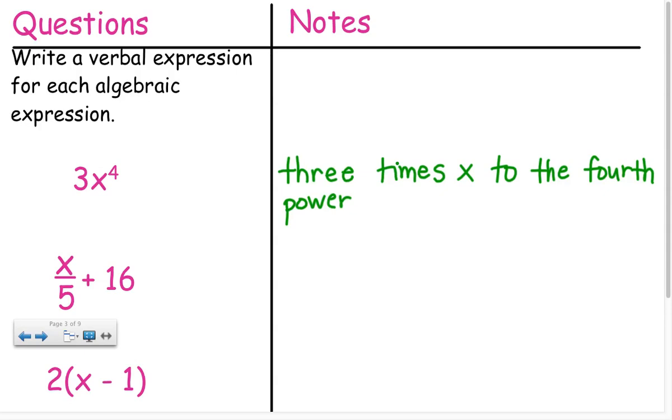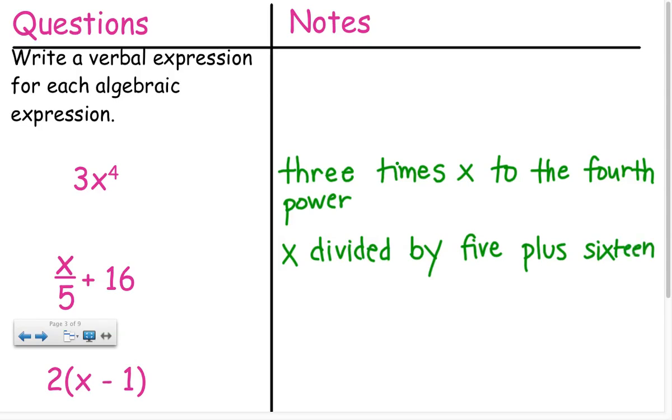The next one, if you see x with a line underneath it and then a 5, that means divided by. So we're going to say x divided by 5 plus 16.